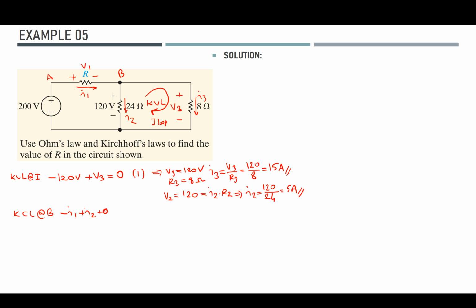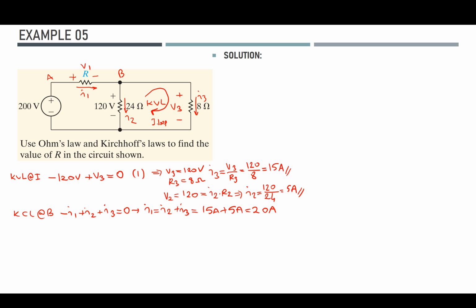It equals 0. From here I see that I1 equals I2 plus I3. Since I know both values, I can calculate I1: 15 amps plus 5 amps gives me 20 amps.